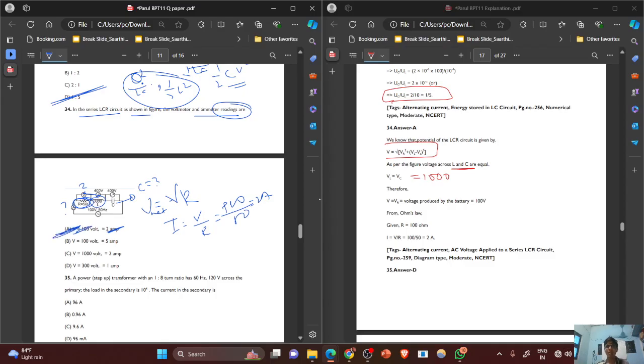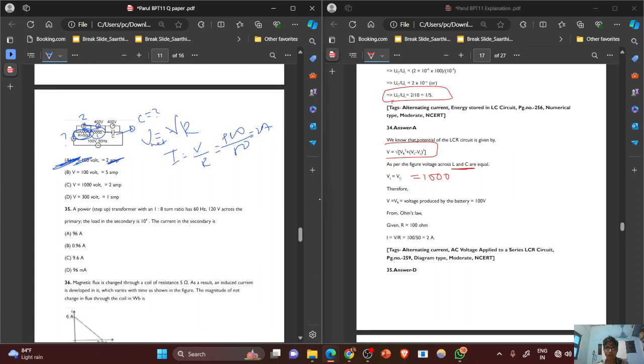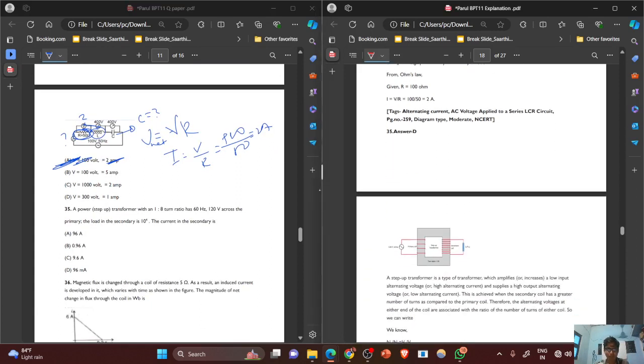So the correct option will be option number A. Because L and C both are equal. It is not mentioned in the figure. The figure is wrongly pasted here. So that's why it behaves as a resistive circuit only, and then you can easily solve it as a resistive circuit.